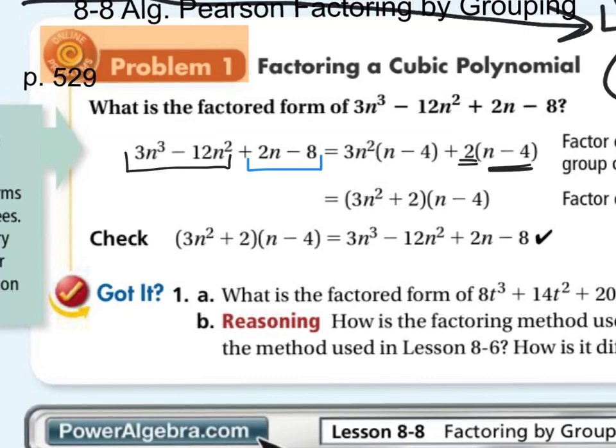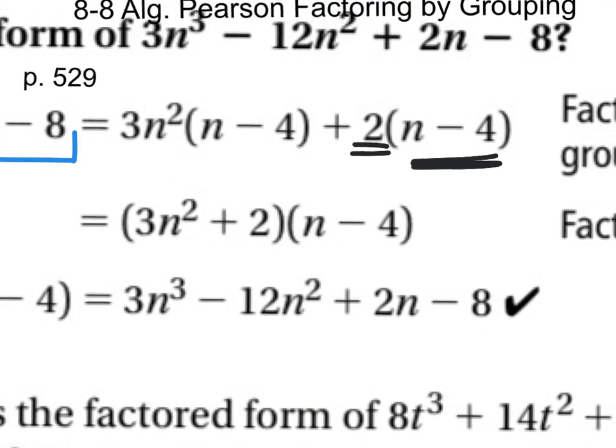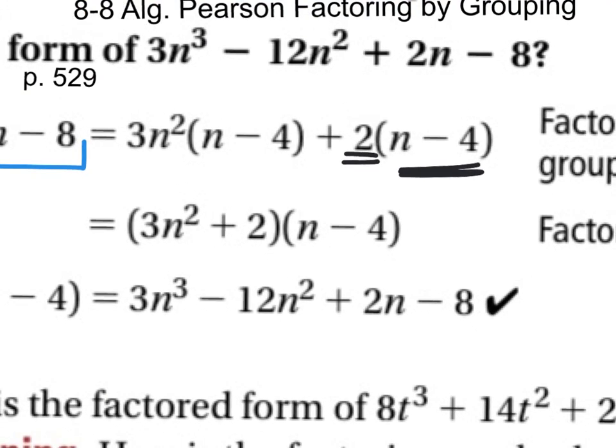So what happens at that point is when we get to here, this is a little different look maybe than what we're used to seeing, but both of these have n minus 4 factors. So now let's factor out an n minus 4, and I would kind of do this backwards maybe from what the book is. They both have an n minus 4, and then what do we have left?